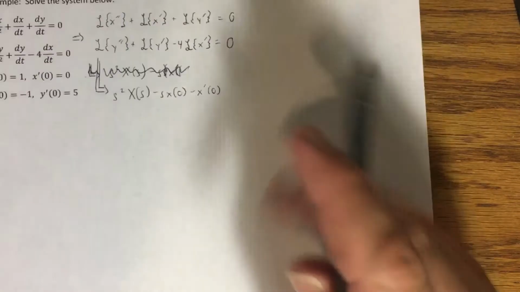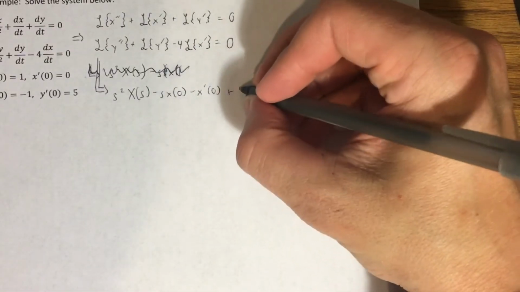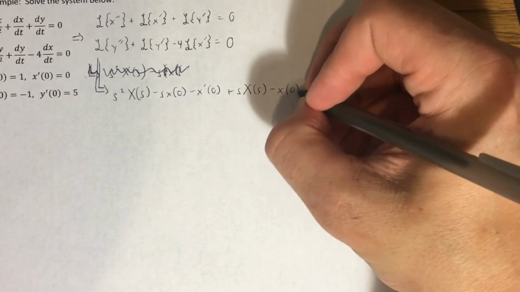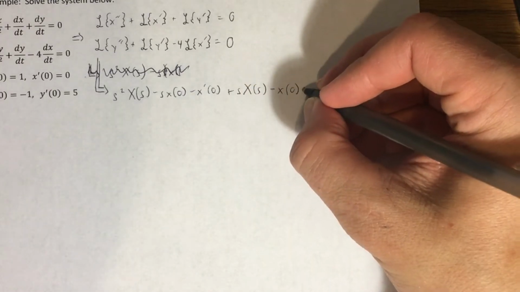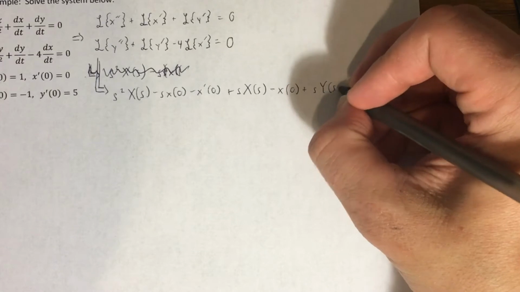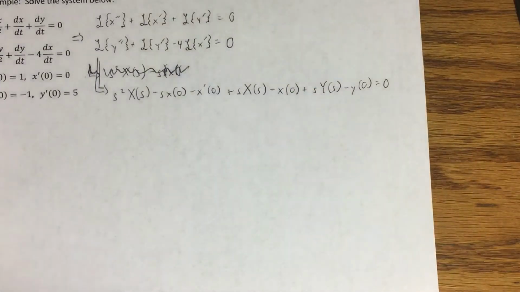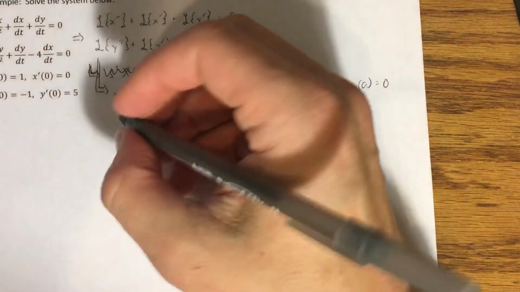That's my first transform. Plus the next transform is going to look like s x of s minus x of 0 plus s y of s minus y of 0 equals 0. So it kind of expands out into this long thing that we'll simplify.